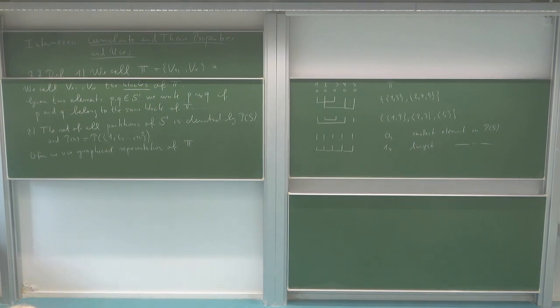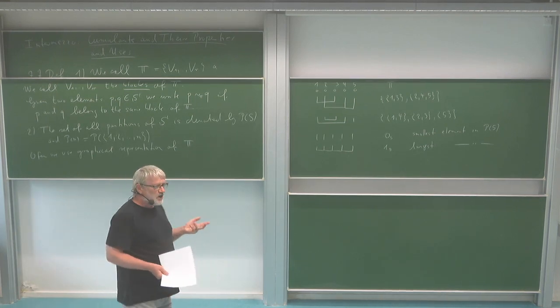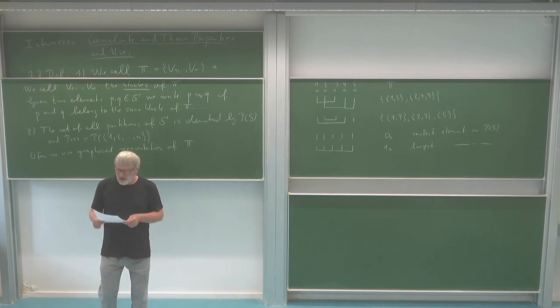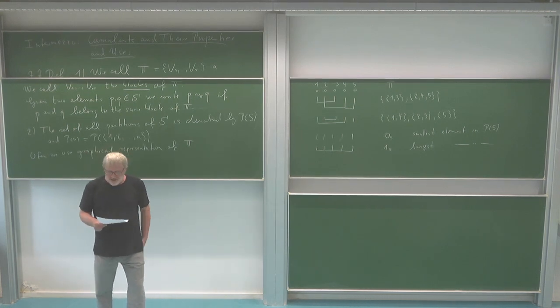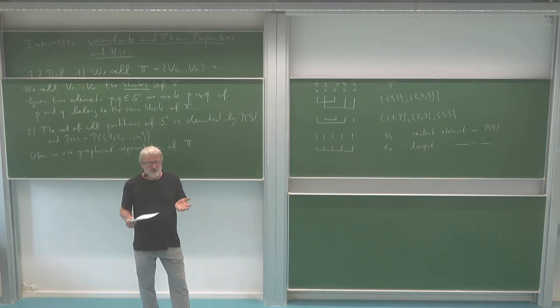So that's my definition of partition. And now what we want to do is use those partitions to define cumulants, in a multivariate setting. I have a collection of random variables.